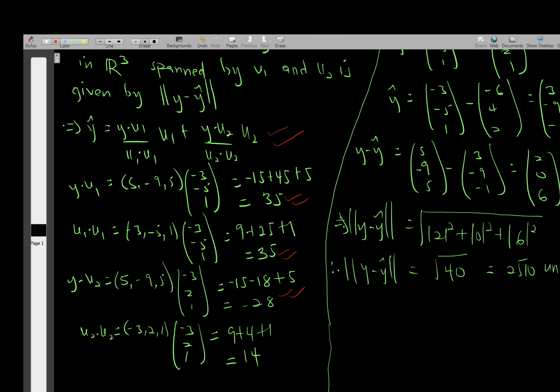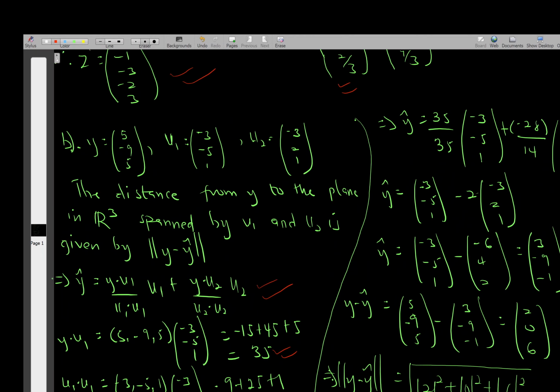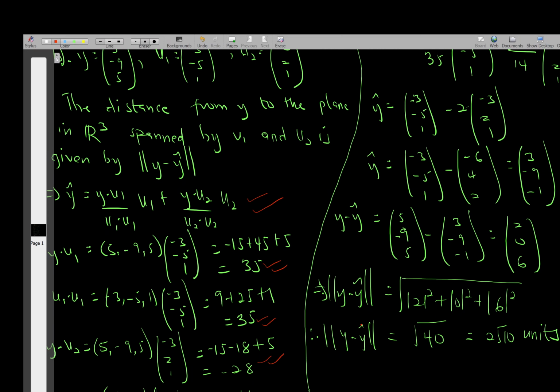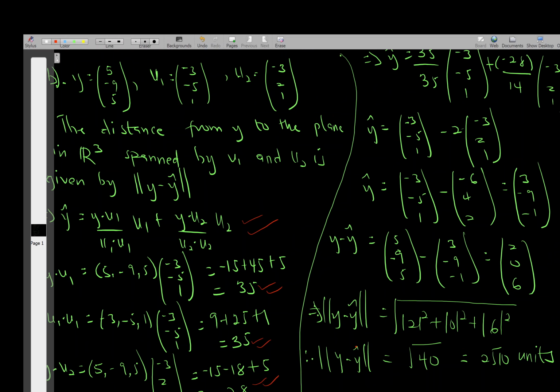Then u2 dot u2 gives us 14. Okay, so we have solved for it, so we can substitute our values there.